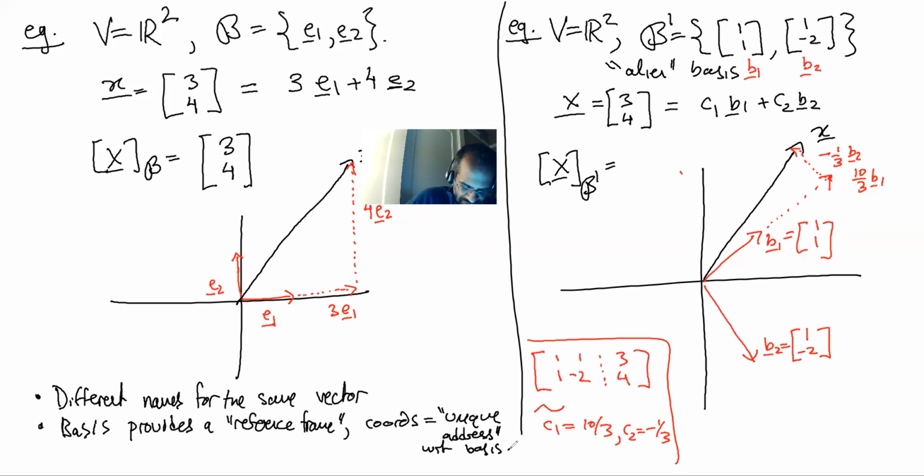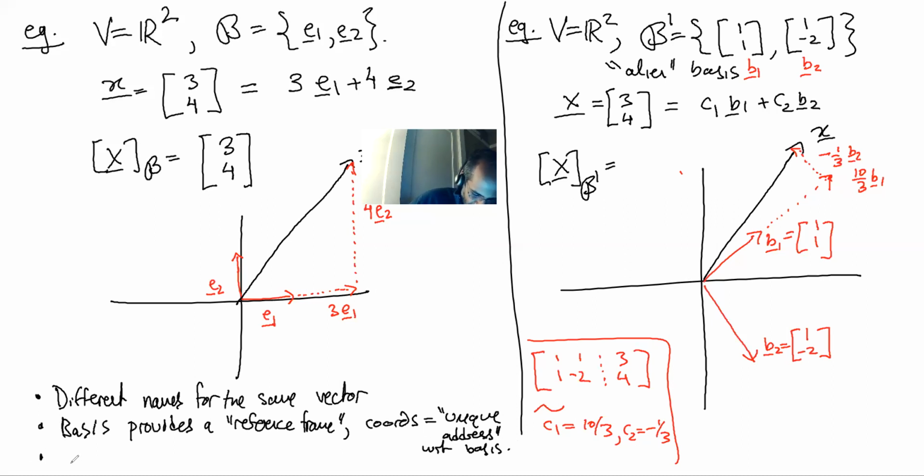It's kind of like how when you measure anything, you have to have some frame of reference, right? So we may use north, south, east, west, but in some other civilization, they may use some totally different coordinates, like this B1 and B2. And nonetheless, as long as they're linearly independent and span, I can give a unique address to every point.